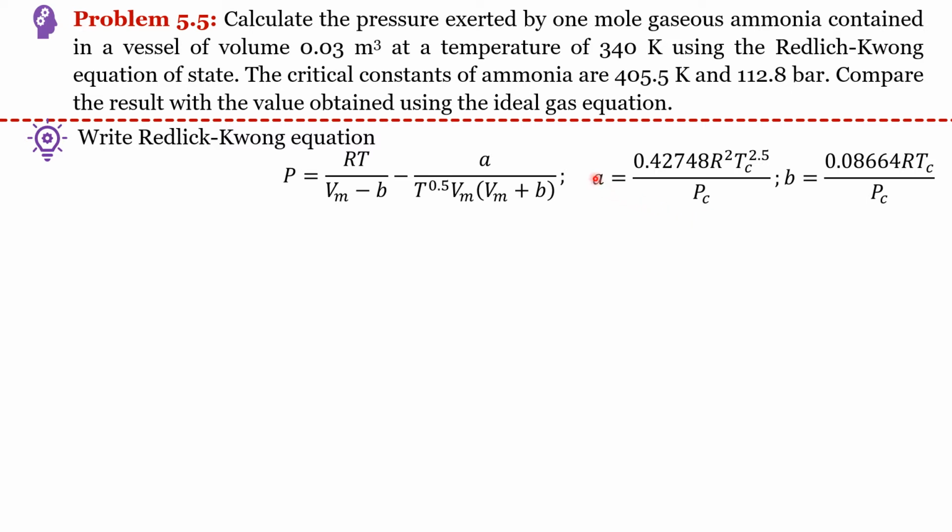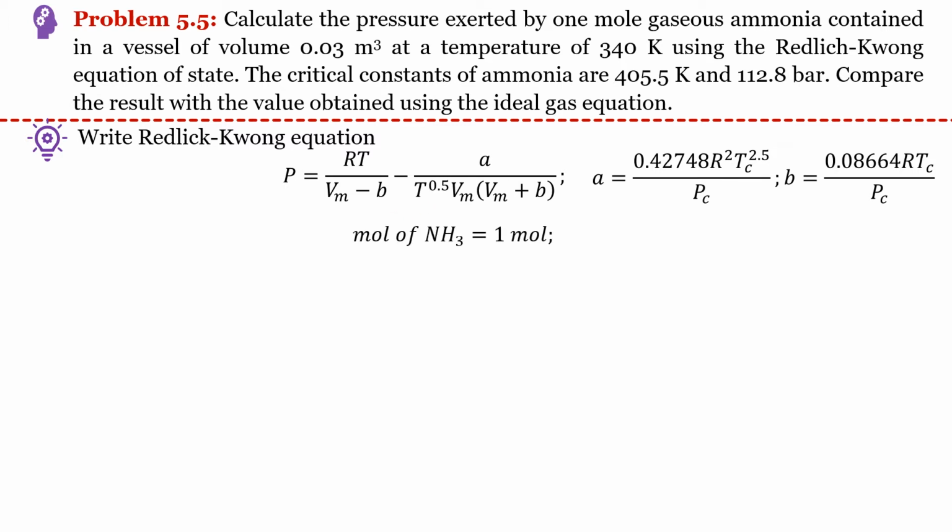So by putting the values of Tc and Pc, we can find out the values of the constants A and B. In this equation, Vm is the molar volume, that is volume per unit mole. So we can find out the pressure because all parameters are known: temperature, molar volume, A and B.